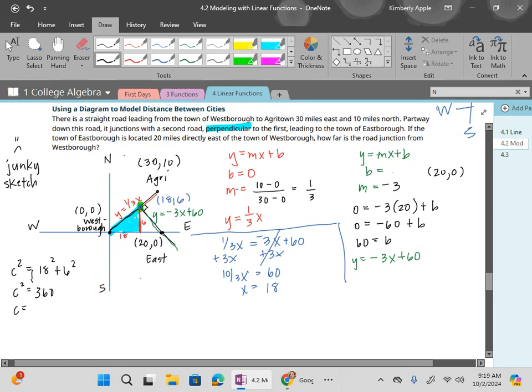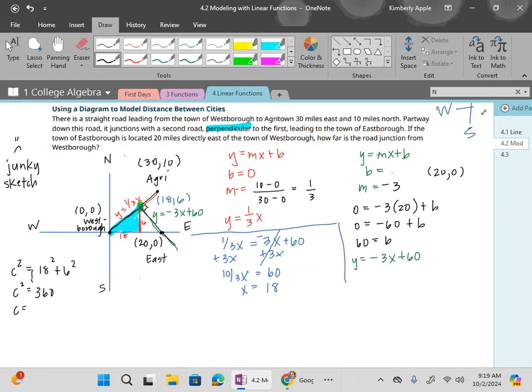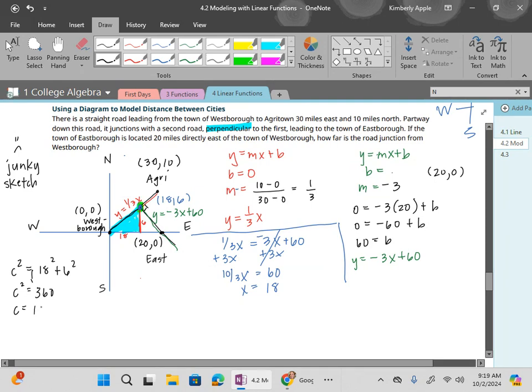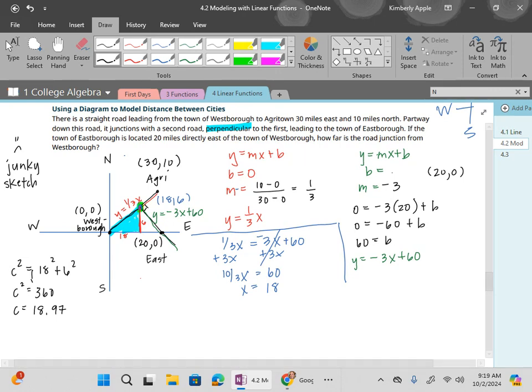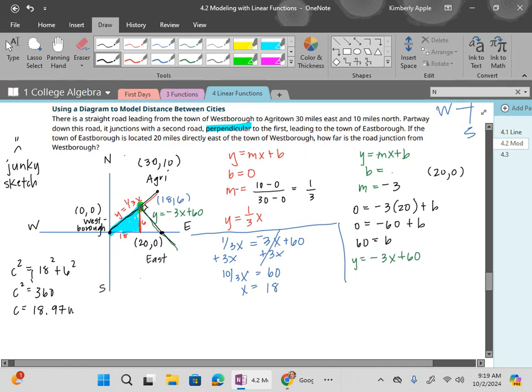Do I care at all about a negative distance here? No, that isn't even a thing. Okay, so 18.97. What are the units that I'm using here? Miles. So to answer the question, how far is the road junction from Westboro? 18.97 miles away.